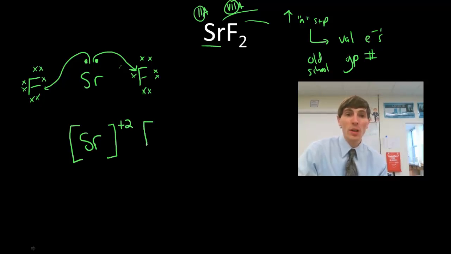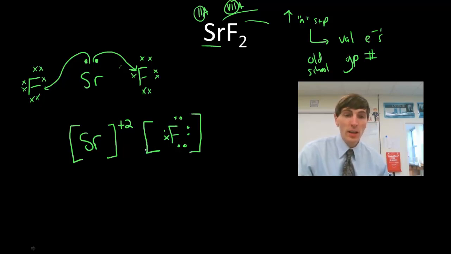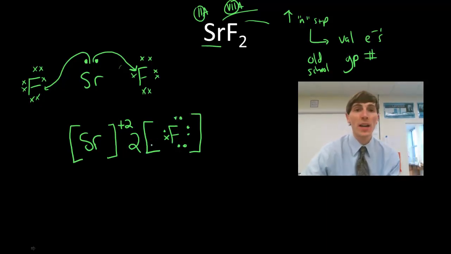And I'm going to draw my fluorine. Fluorine has now gained an extra electron. So fluorine used to have 1, 2, 7. Okay, I'm just going to draw some little dots on there. But it has gained 1 electron. I'm just drawing it as an X so that you can really clearly see that it's something it didn't have before. And so now it's gained 1 electron, and I have 2 of those fluorines, so I'm going to put a coefficient out in front of that bracket.